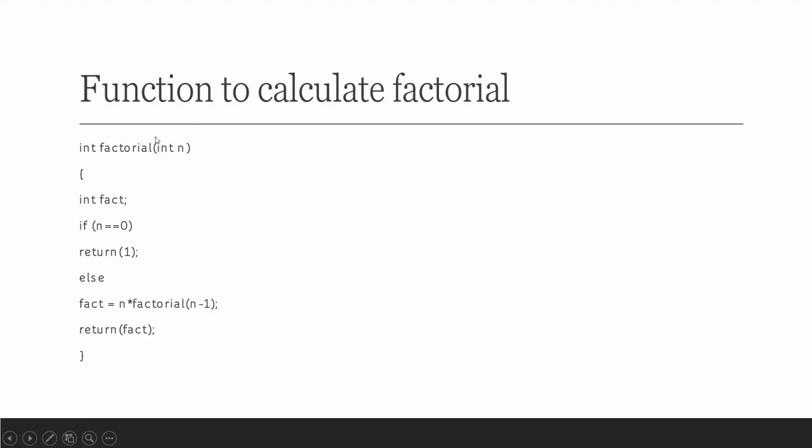Again, factorial 2 is 2 into factorial 1. Again, factorial 1 is 1 into factorial 0. Then only you will get the value. Factorial 0 is 1. Okay, so here the only thing we define is factorial 0 is 1. All the rest of the values, it calls the same function again. So this is the recursive nature of this function.